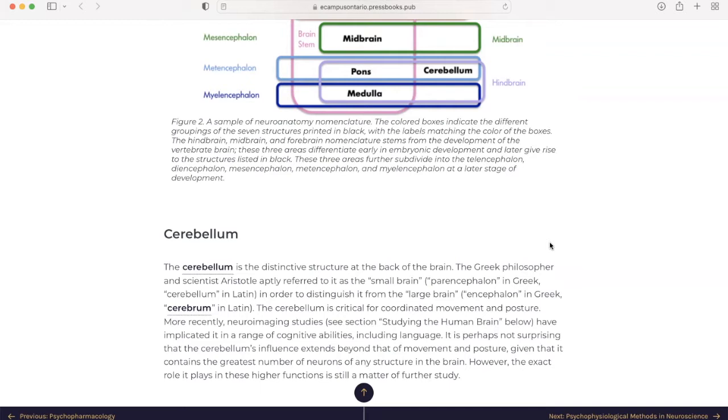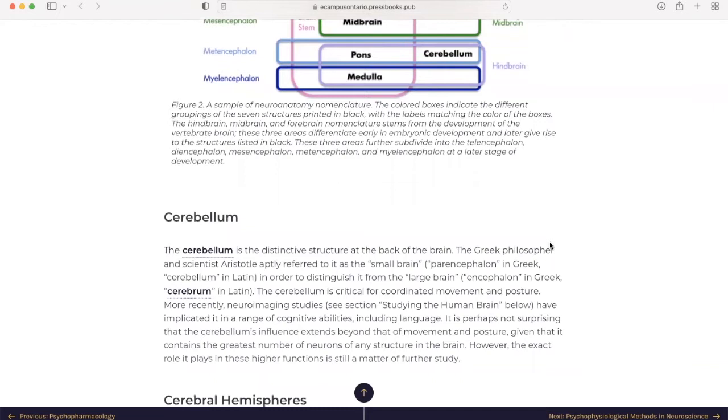More recently, neuroimaging studies have implicated it in a range of cognitive abilities, including language. It's not surprising that the cerebellum's influence extends beyond movement and posture, given that it contains the greatest number of neurons of any structure in the brain. However, the exact role it plays in these higher functions is still a matter of further study. So we don't know everything about it yet.